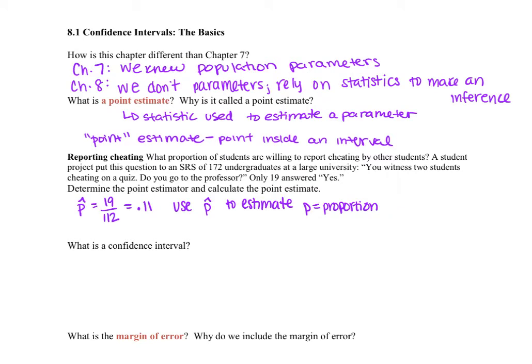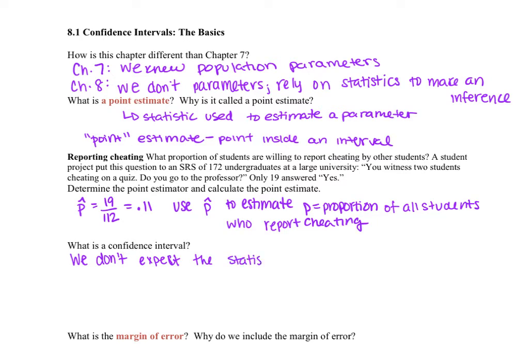And of course, that p-hat is not going to be exactly equal to p. There's always a chance that it's going to be different. So we never expect that the p-hat or the x-bar, whatever the statistic, to be exactly equal to the parameter.